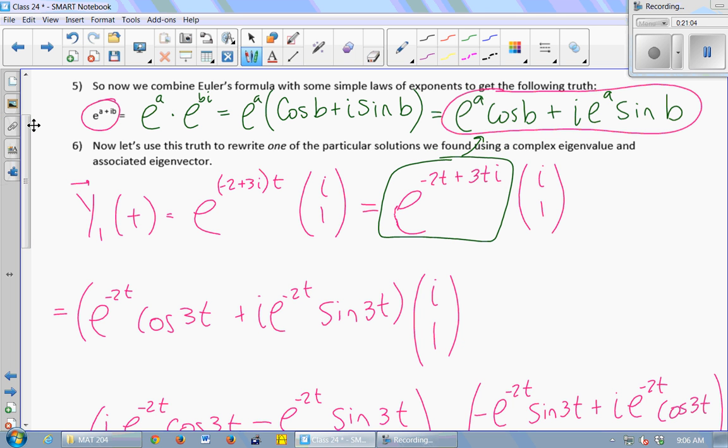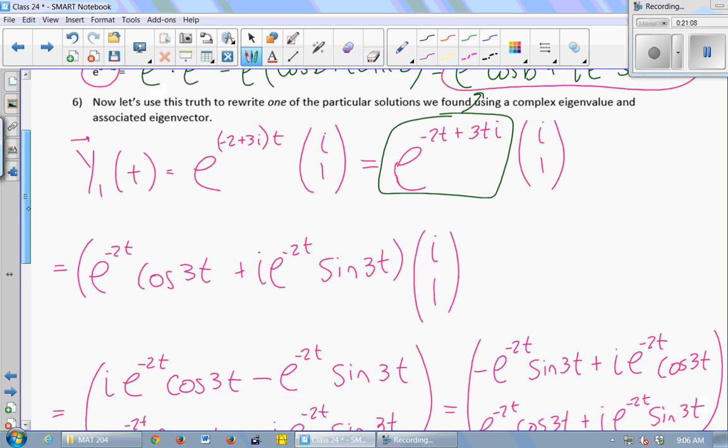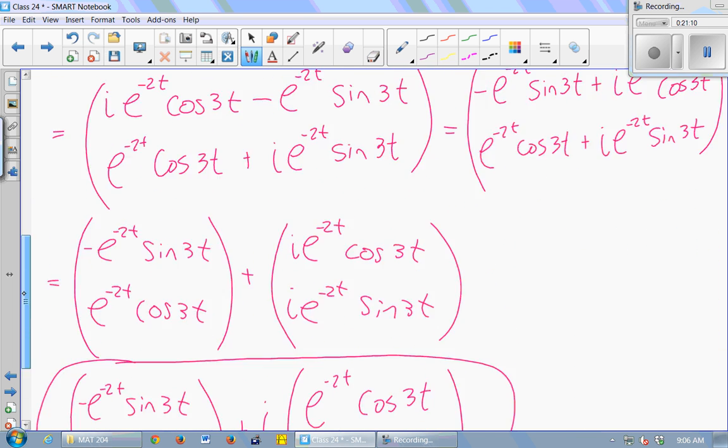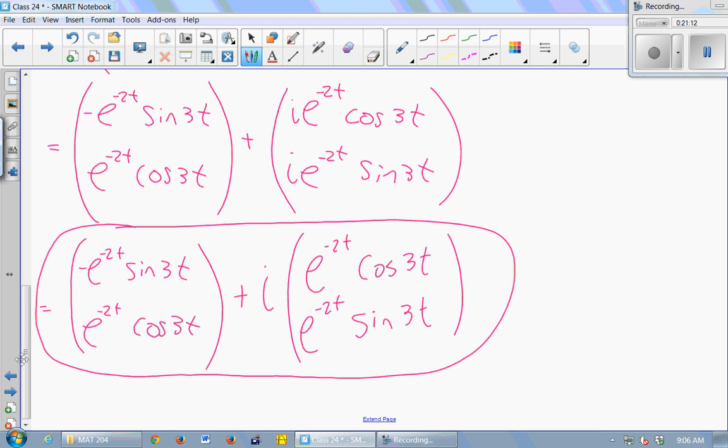Apply Euler's formula to the e to the complex exponent. And then we just did a bunch of rearranging to try to write it as a real vector plus i times another real vector. All right, so that will take a little bit of practice, but that's the basic idea.